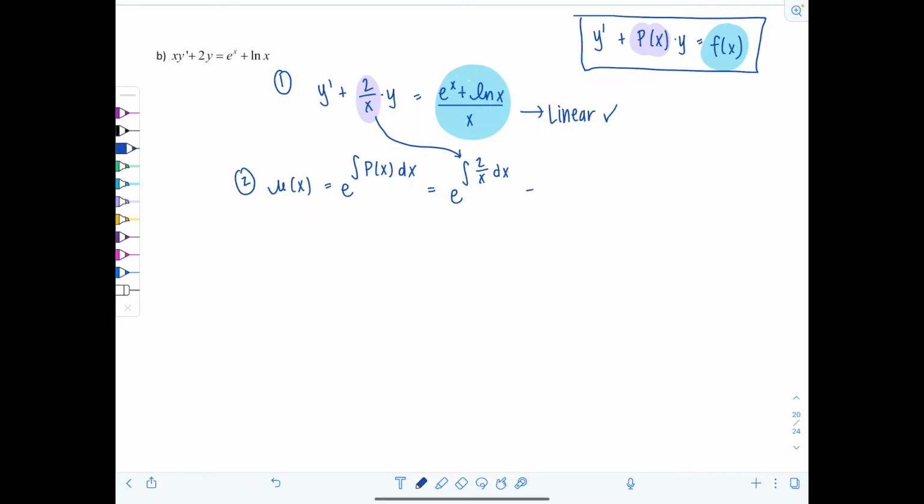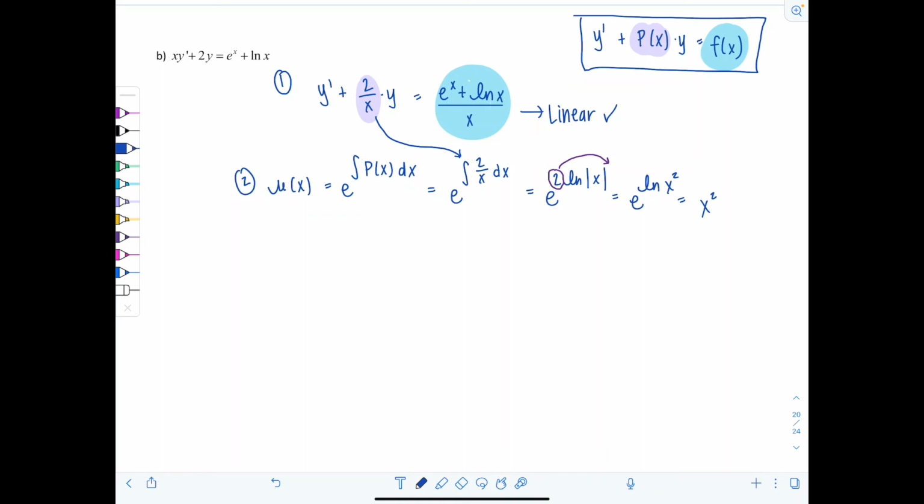This is equal to e raised to the antiderivative of 2 over x, which is 2 times natural log of absolute value of x. And then you can move the 2 to the exponent on x. So it's going to be absolute value of x squared. But you don't need the absolute value, right? Since x squared won't be negative. So you have e raised to the ln of x squared, which is just x squared.